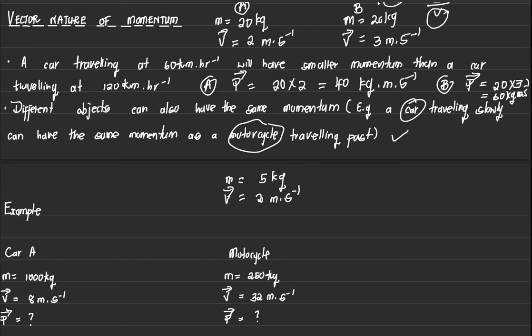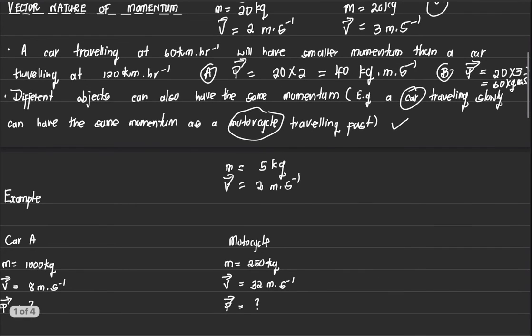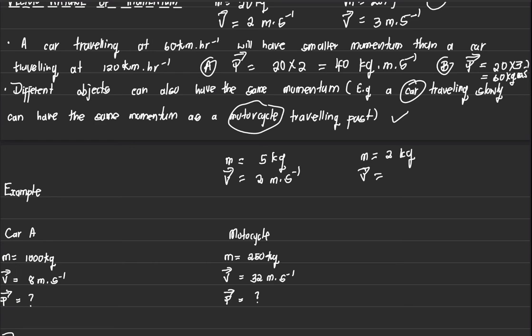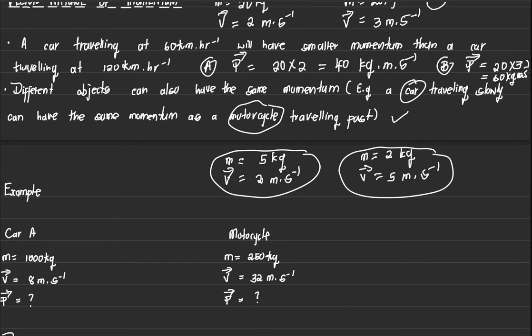And also we come to a motorcycle which has a mass of, let's say, 2 kilograms and it's traveling at a velocity of 5 meters per second. So for both these objects, when they travel, they're going to have the same momentum.